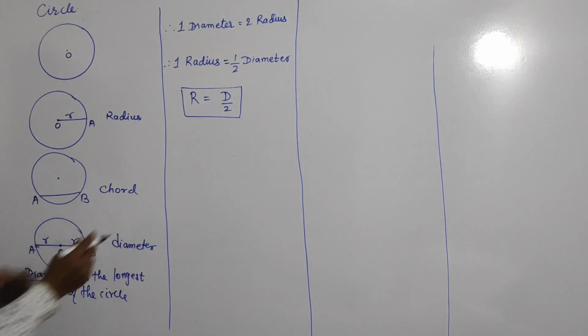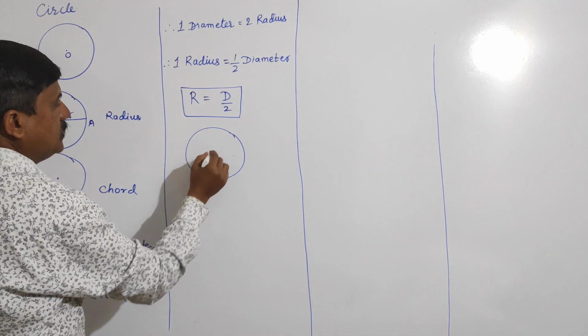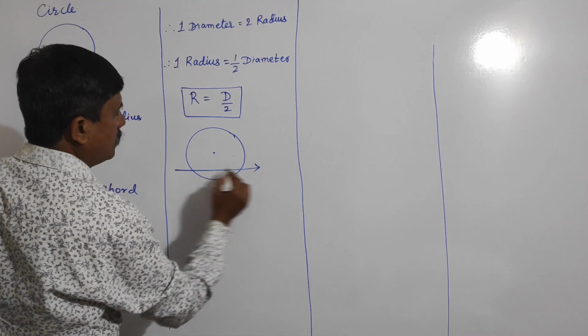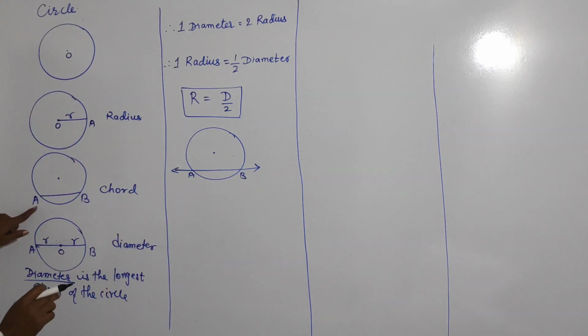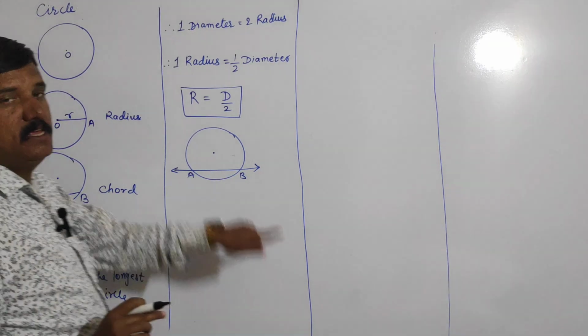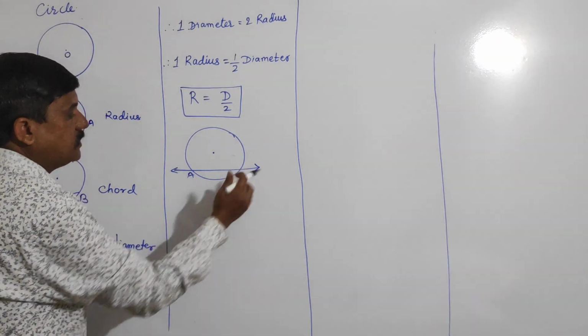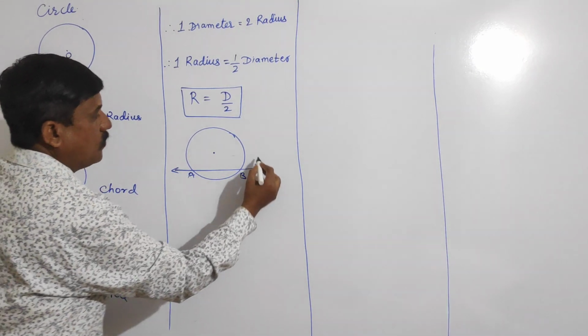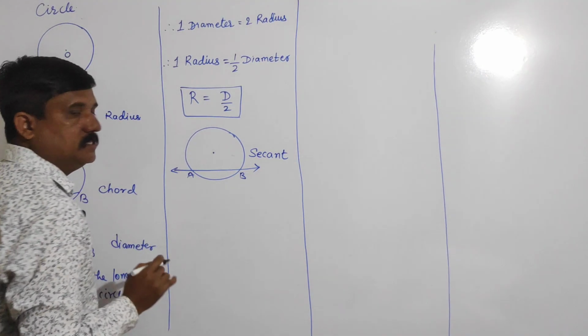If I continue this line, what is this? Now, what is the difference between this segment AB and the line AB? This is a line, line AB. It intersects two points of the circle. So it is called a secant.